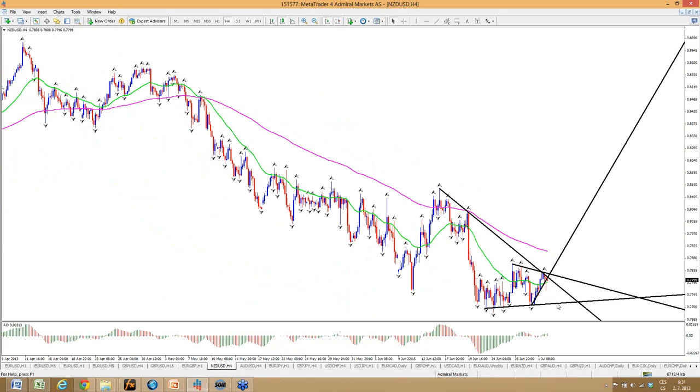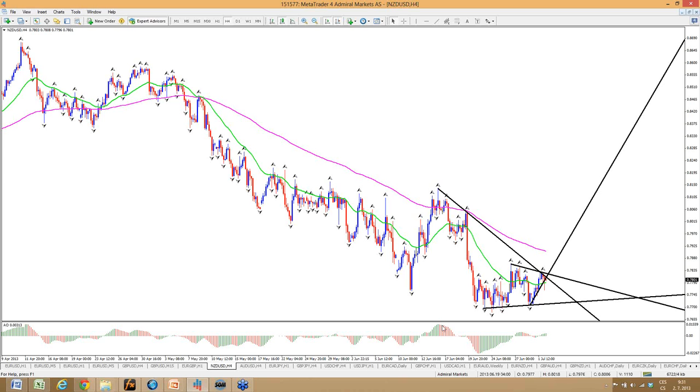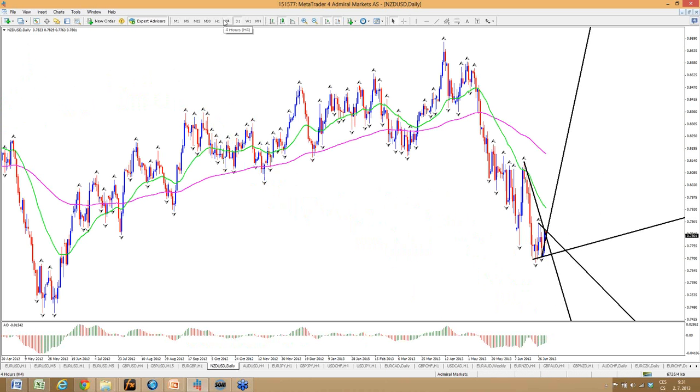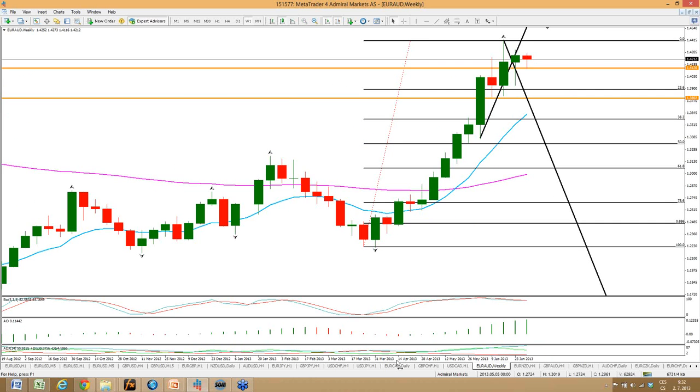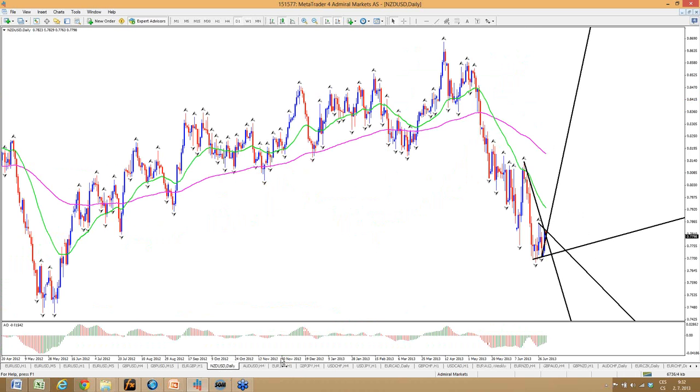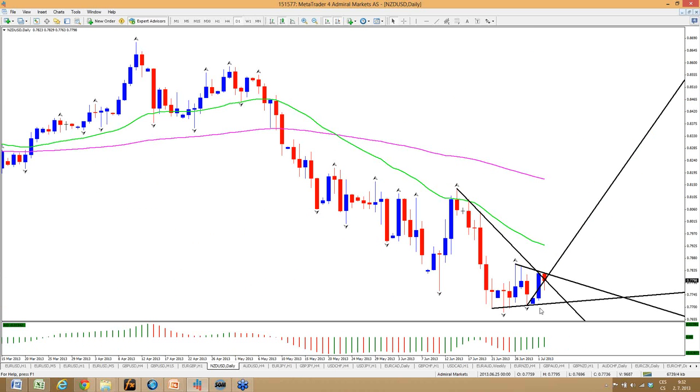AO is back to the zero line. That's what I like about it. That could mean that we make a continuation of the trend, or at least a fall back to this support level, maybe this bottom, more or less. I lost my, here it is, sorry.